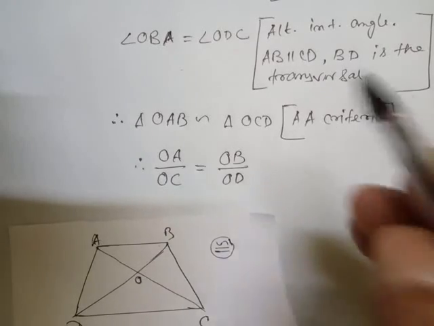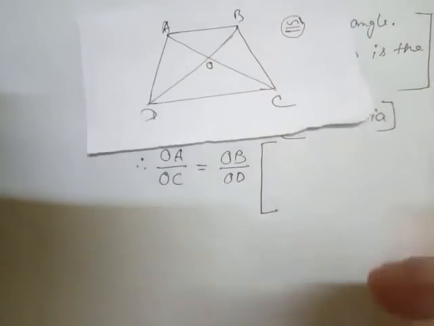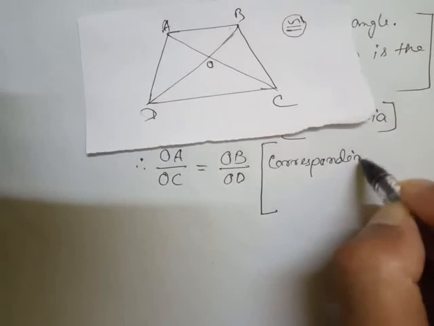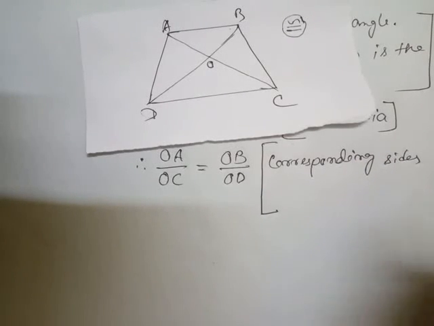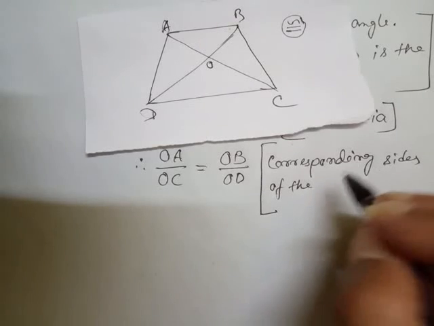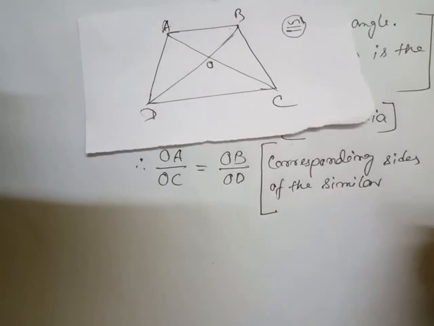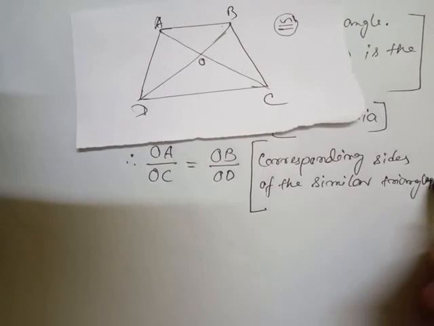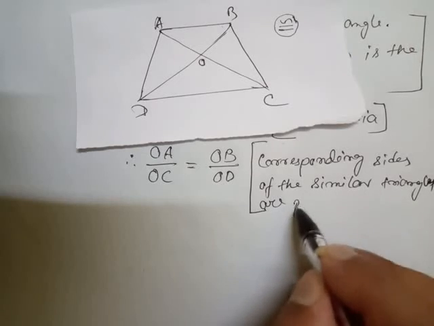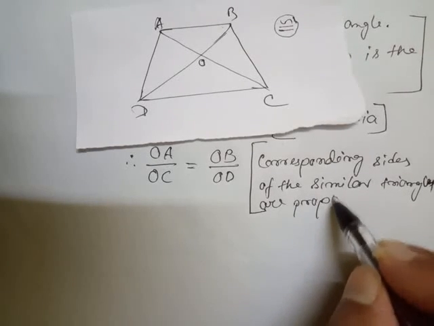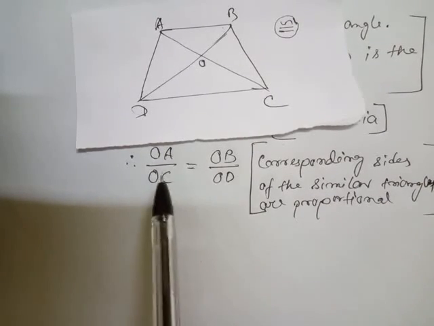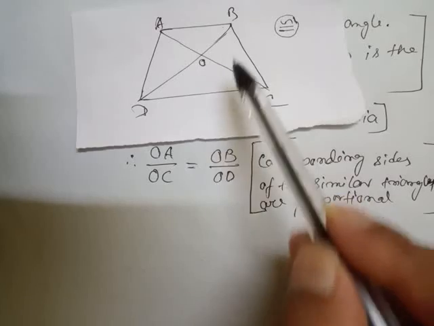Now what is the reason here? The reason is, I am writing it here: corresponding sides of similar triangles are proportional, like this: OA by OC and OB by OD.